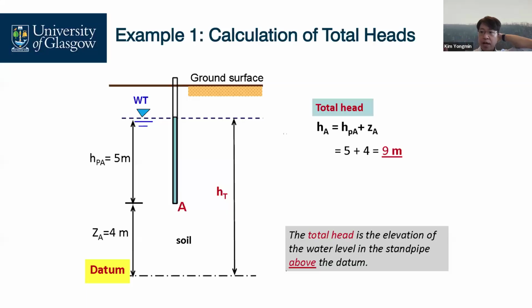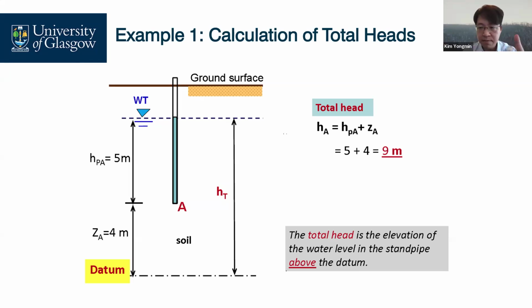Plus elevation head. Now it's 4 meters above the datum, which means it's positive. So total head at point A is 5 plus 4, 9.